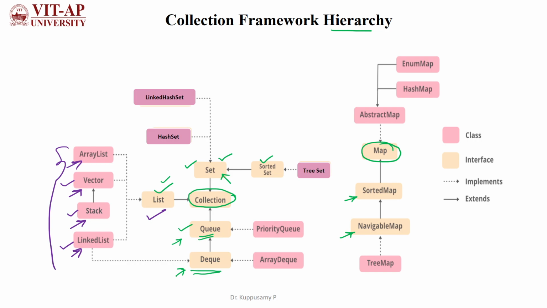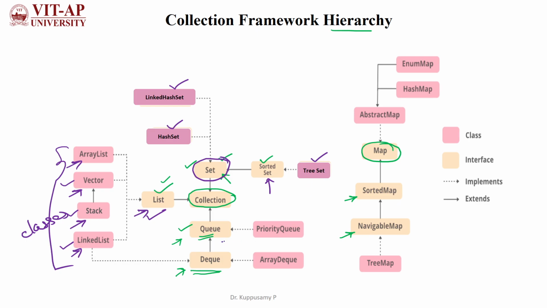So these are the classes to implement the list interface. Likewise, here we have the linked hash set class to implement the set interface. Likewise, the sub-interface of the set interface, the sorted set interface, can be implemented by using the tree set class.